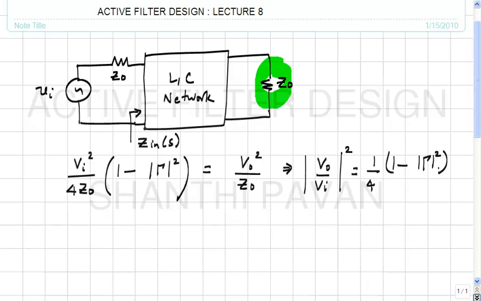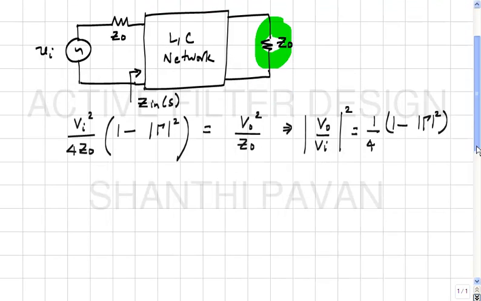Does this make sense? Okay, this is just a review of what happened yesterday, and therefore, this gamma which we saw yesterday to be equal to Zin minus Z0 divided by Zin plus Z0, as we expected, denotes a measure of how close Zin is to Z0.